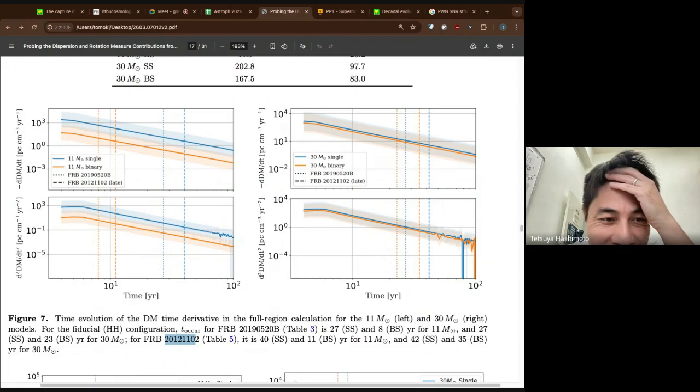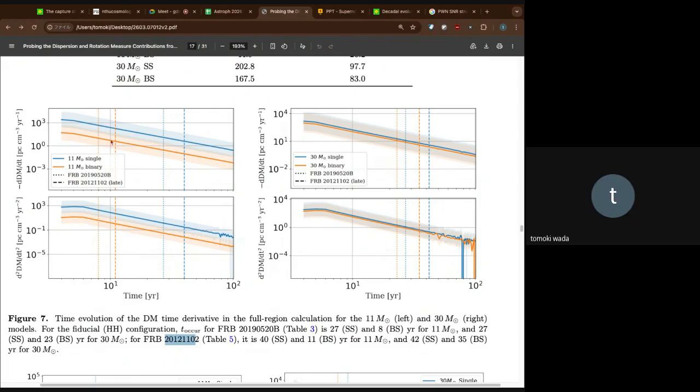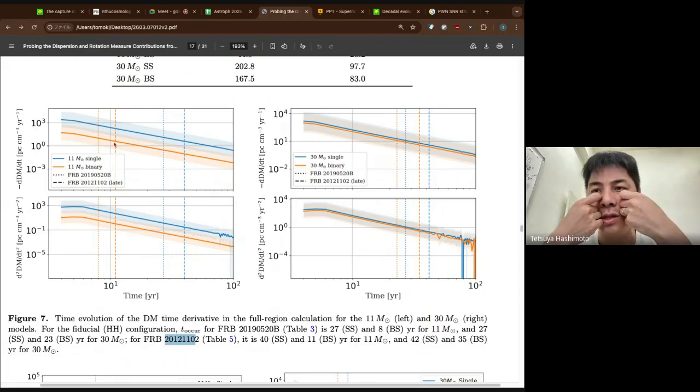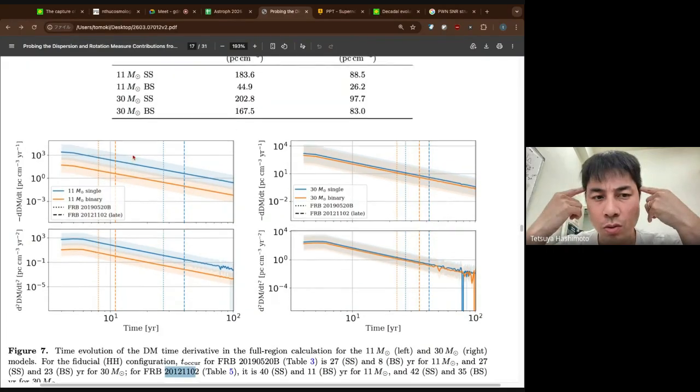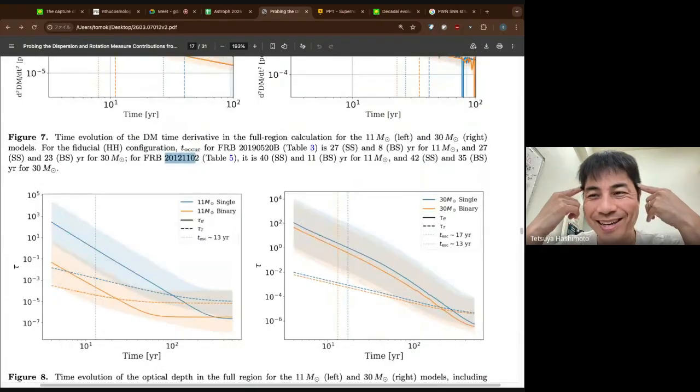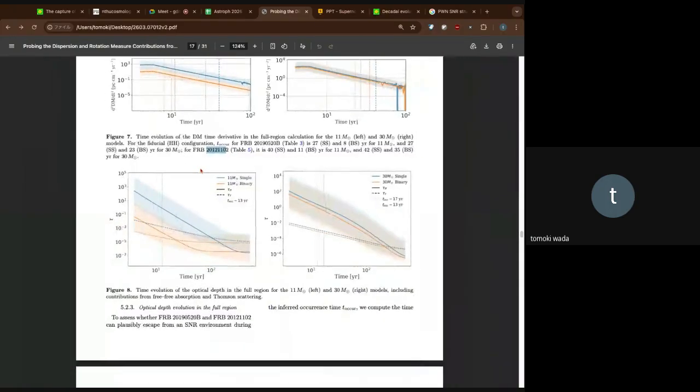The black dotted and the black dashed line. Which is this? I'm not sure, sorry. The vertical line, yeah, looks like this. Maybe, but then the vertical line means, do they know the time since the explosion? Sorry, I'm not sure about that point.